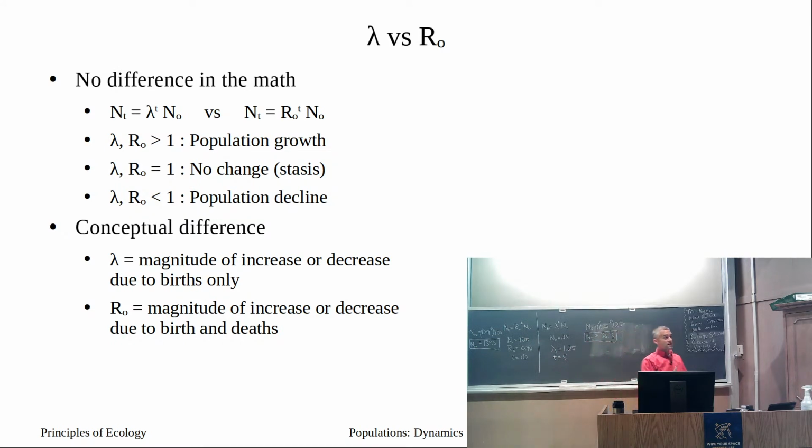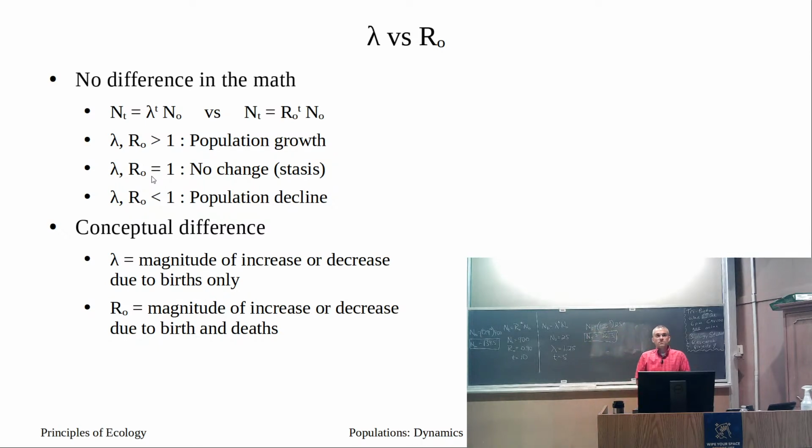Both are interpreted the same way when we're trying to predict whether population grows, declines, or stays the same. For both lambda and R naught, if it's greater than 1, we have population growth. If it's less than 1, we have population decline. And if it's equal to 1, then we have no change, population stasis.